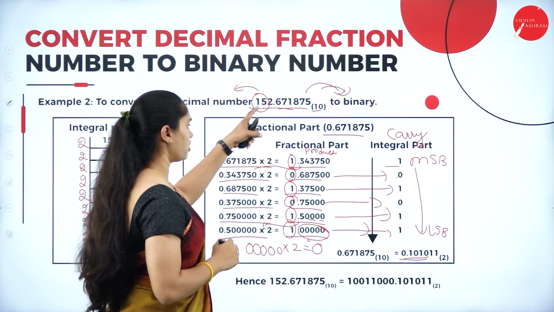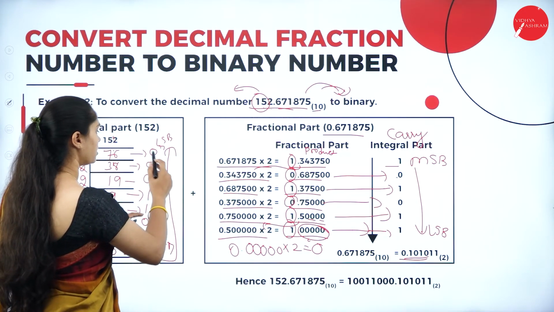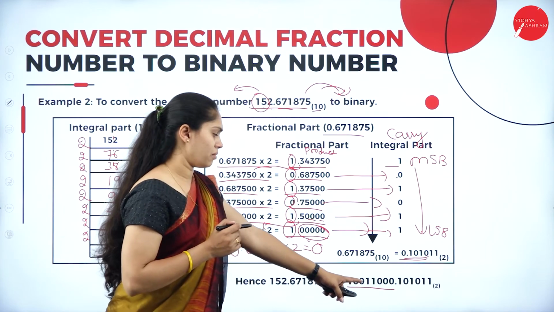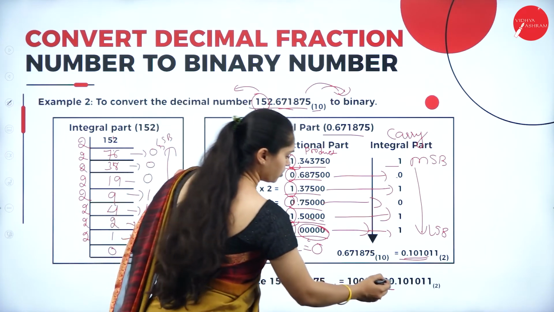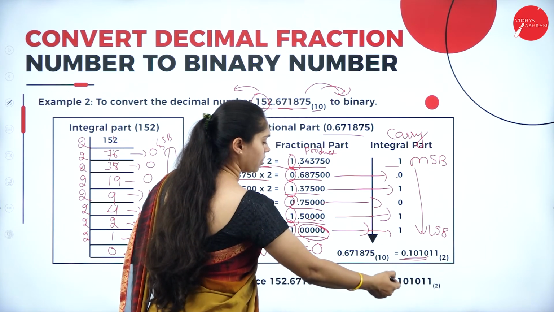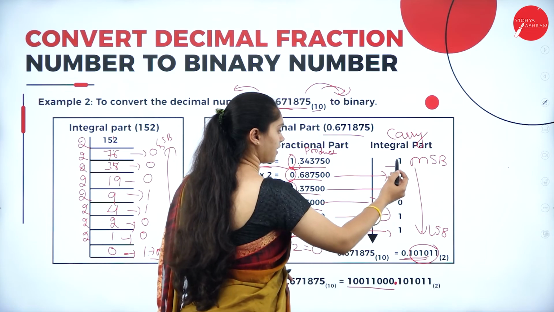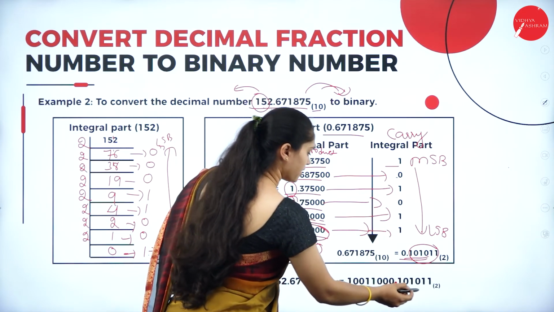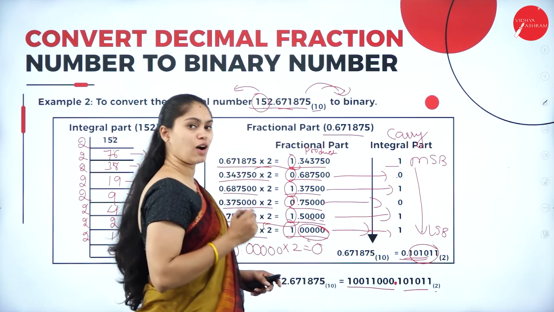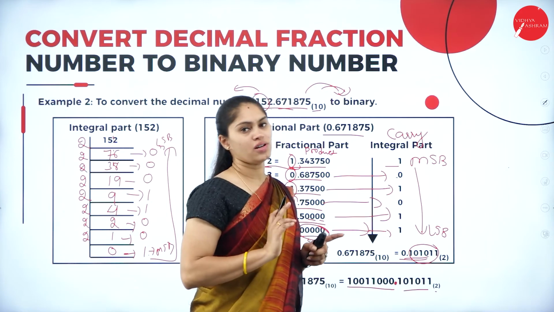For 152, what I got as the result is 1001100. I write that first, put the binary point, and for the fractional part we got 101011, which is of base 2. This is how we convert any given decimal fraction to binary.